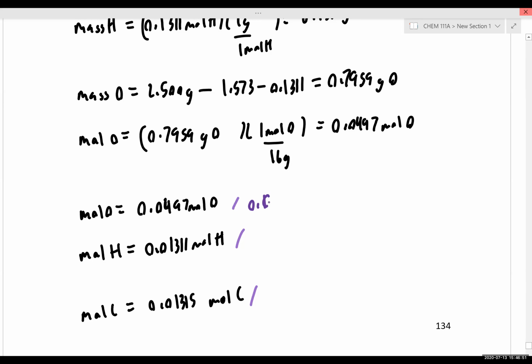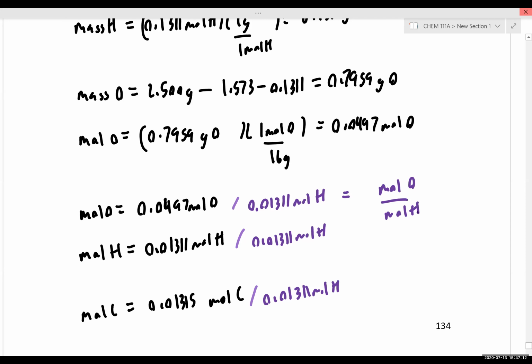So if we divide by 0.01311 moles of hydrogen, we have how many moles of oxygen per mole of hydrogen.